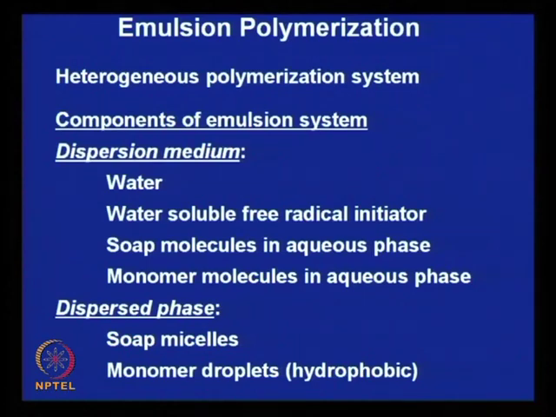Can you tell me an example of one emulsion? Milk. Milk is an emulsion of fats and proteins. Okay. Can you tell me one naturally occurring emulsion?